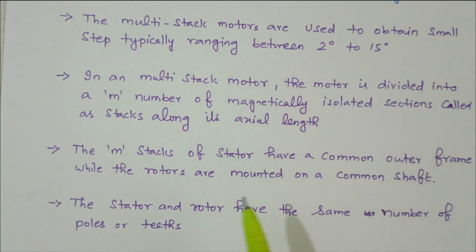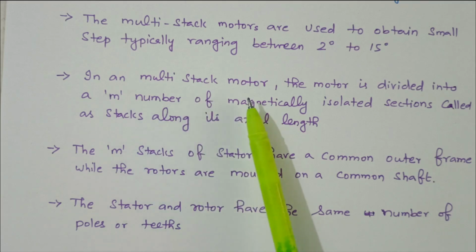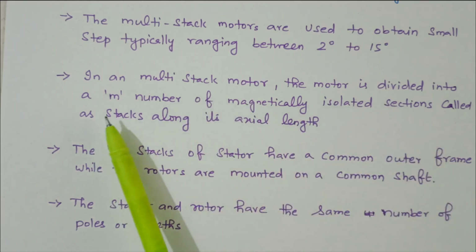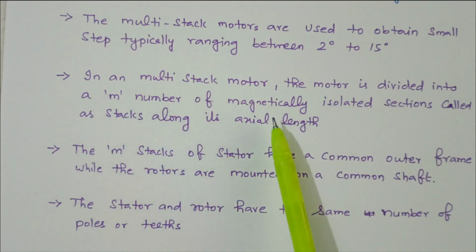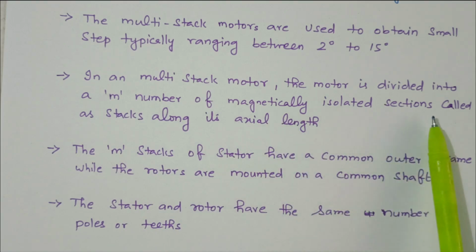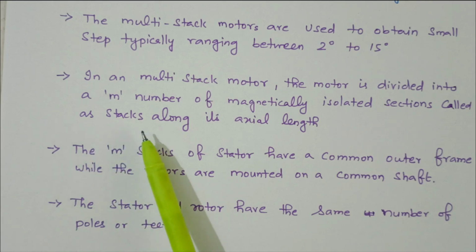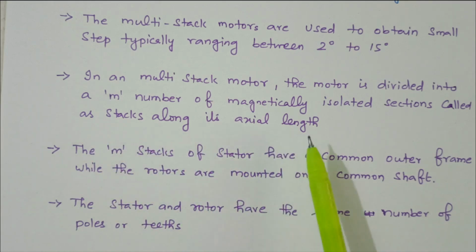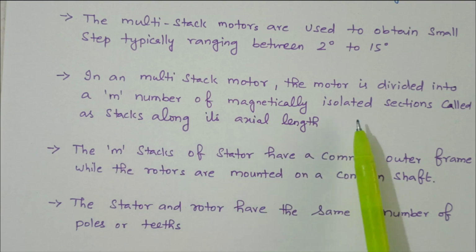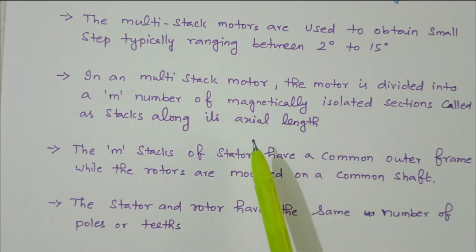In a multi-stack motor, the motor is divided into M number of magnetically isolated sections called stacks along its axial length. M number of stacks. Now in this diagram, we discussed 3 stacks are available, which are magnetically isolated.